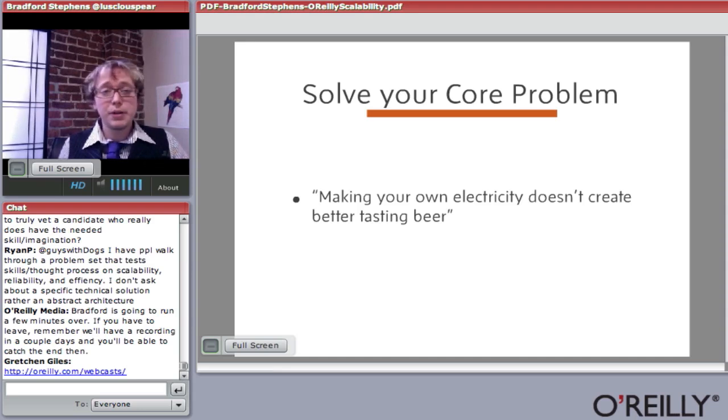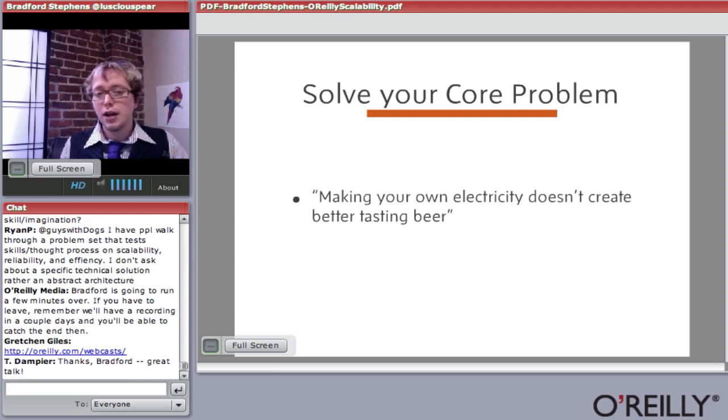And they're really proud of it because they're so independent and so into the German purity laws that they even have their own electricity. But you can't taste the electricity in your beer. Nobody's going to know if it comes from the Hoover Dam or from a generator in your backyard. Outsource as much of your infrastructure to the cloud as possible, or automate as much as possible in code.